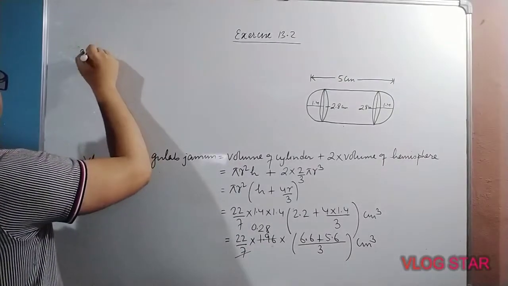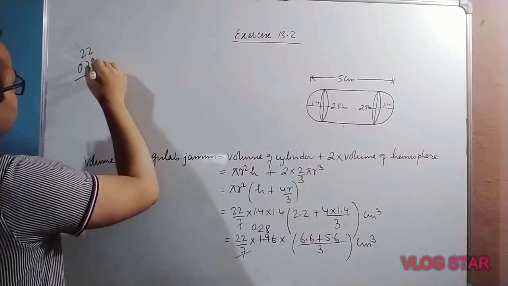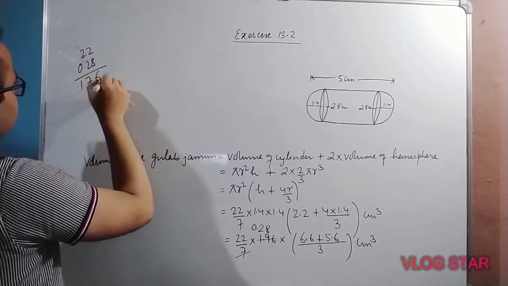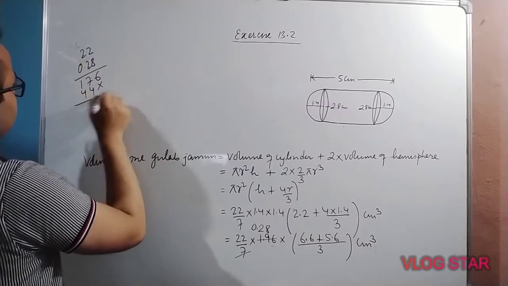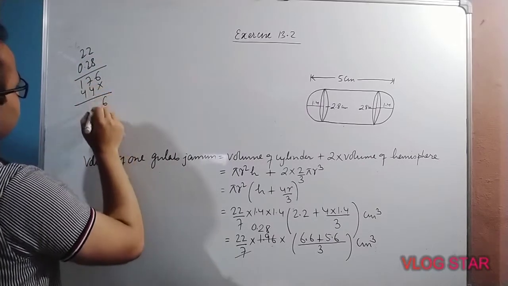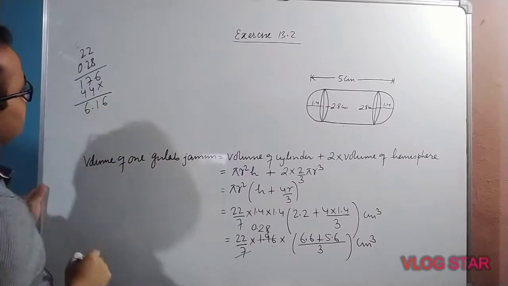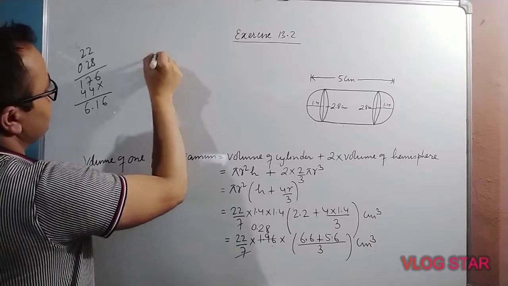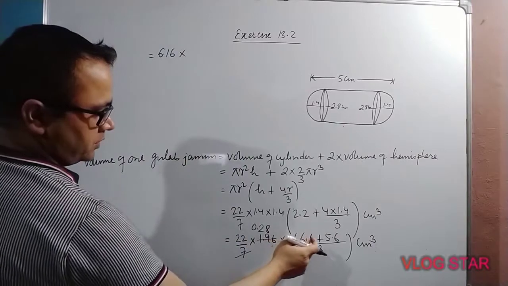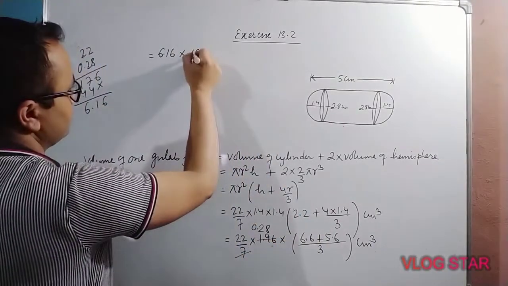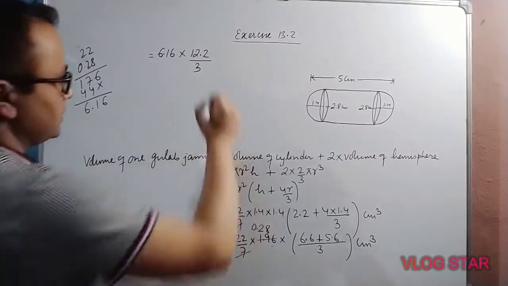So 22 into 0.28 is 6.16. So this equals 6.16 into, 6.6 plus 5.6 is 12.2, divided by 3 centimeter cube.